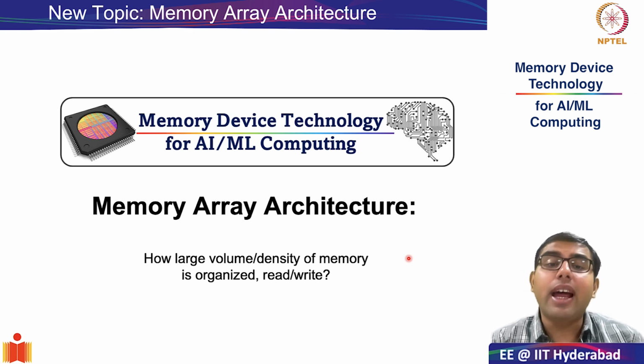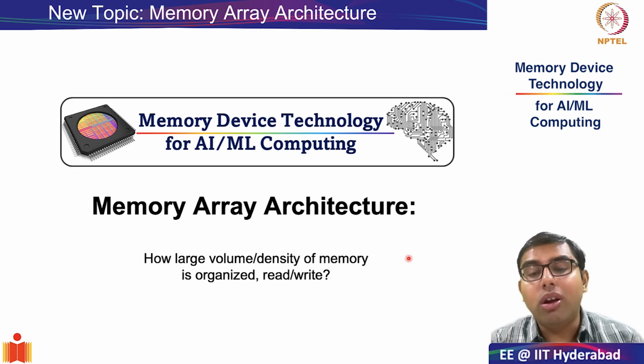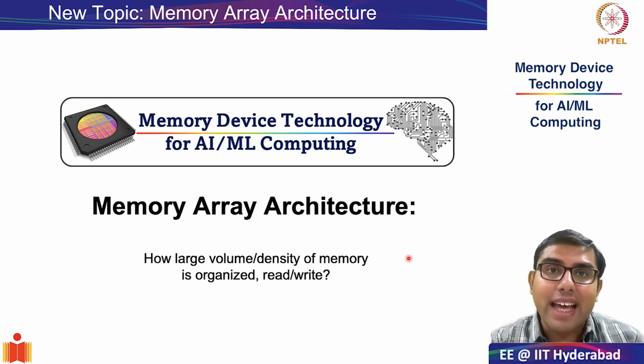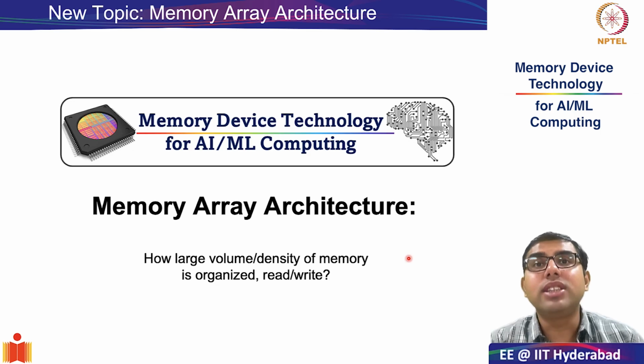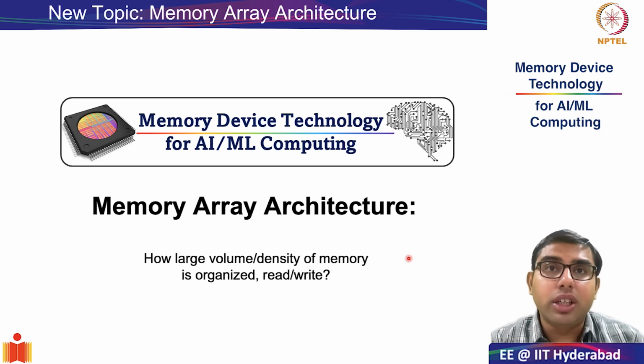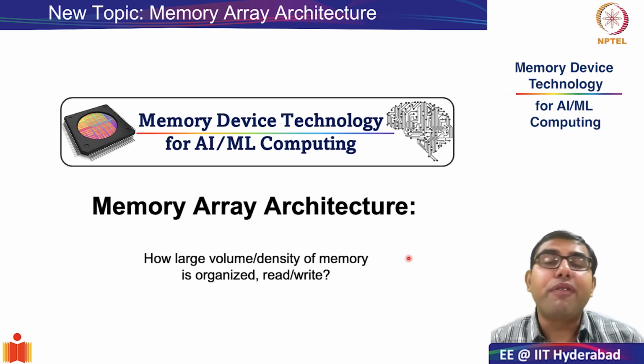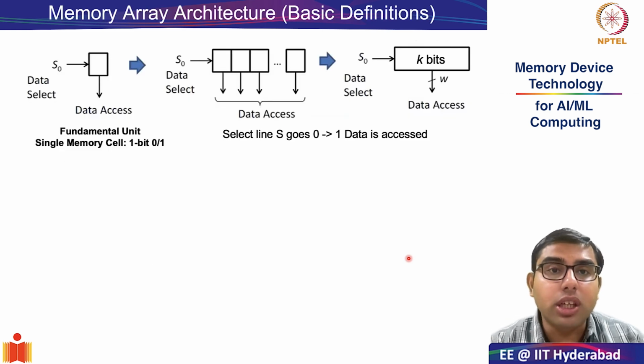In memory array architecture, the fundamental question we will try to answer is: how are these individual memory cells, which store 1 bit of value, organized into large memory arrays, and how is the peripheral design around these memory arrays constructed to facilitate efficient read and write processes? So let us begin our lecture.